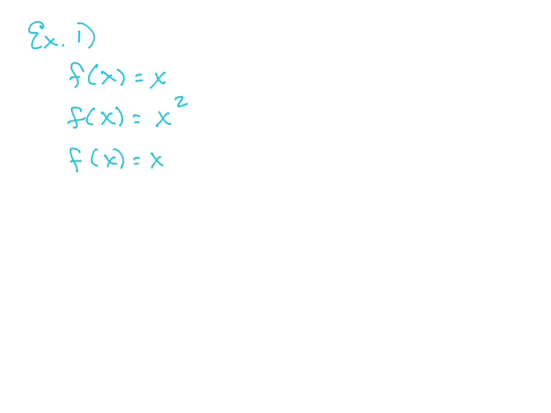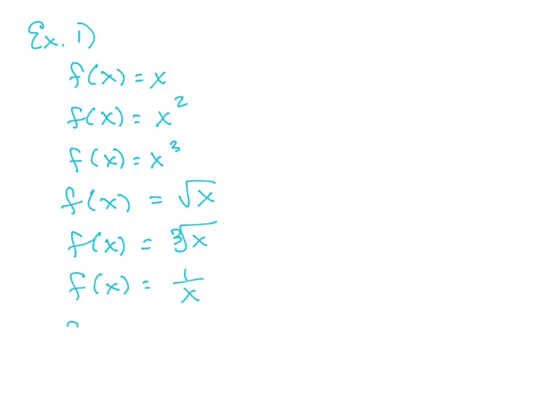Okay, so let's look at your toolkit functions. This is going to be example 1. And we're going to tell which of the toolkit functions are power functions. So you got f of x equals x, f of x equals x squared, f of x equals x cubed, f of x equals square root x, f of x equals the cubed root of x, f of x equals 1 over x, f of x equals 1 over x squared.